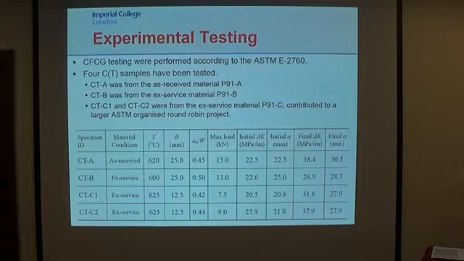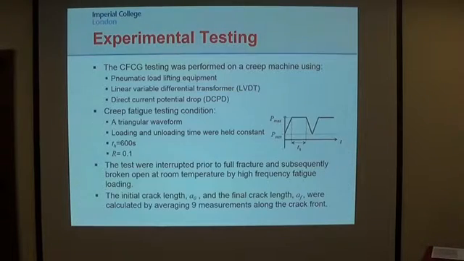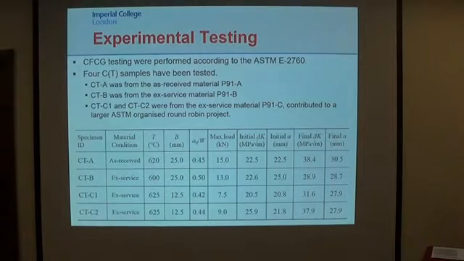So I will talk about the experimental testing. The creep fatigue crack growth testing was performed under the creep fatigue crack growth testing standard, and 4 CT specimens have been tested, which are denoted as the CTA, CTB, CTC1, and CTC2. Note that the CTC1 and CTC2 were from the material which contributes to the larger ASTM round robin project.